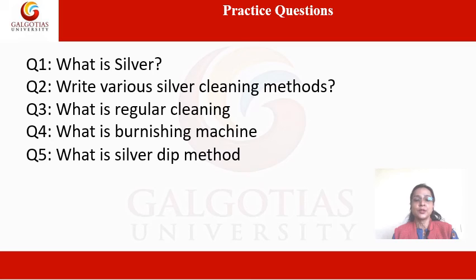Next, what is a burnishing machine? You may reply that this is a machine that can be used for cleaning a huge amount of utensils and crockery made out of silver. What is the silver dip method? This is also a very good question.